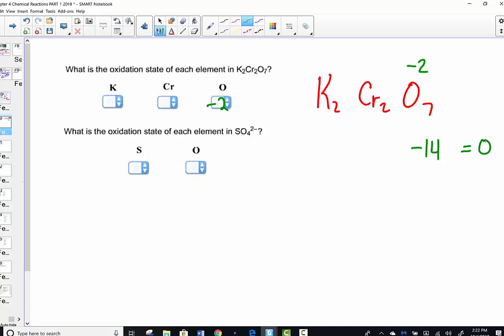Who else do we know? When I find potassium on our periodic table, it's a monatomic ion written in the first position. I know it's positive. By looking up its charge, the oxidation number is a +1. There's 2 of them there, so the total contribution of charge from potassium is a +2.